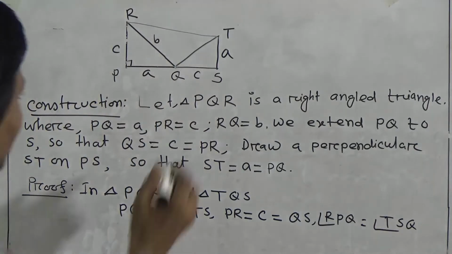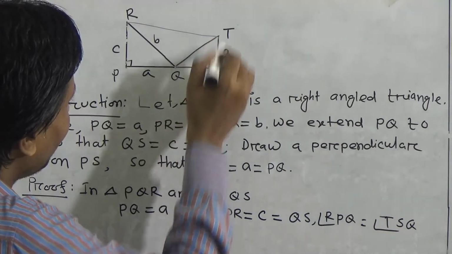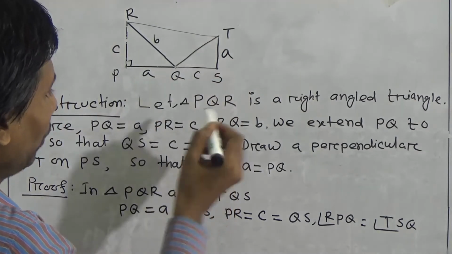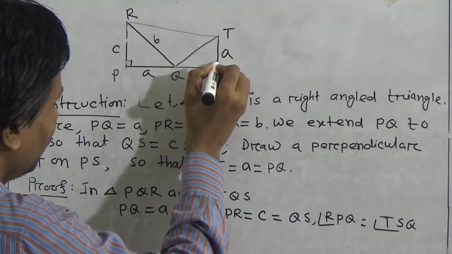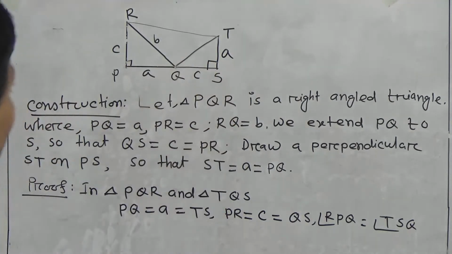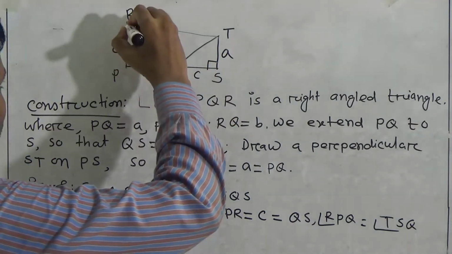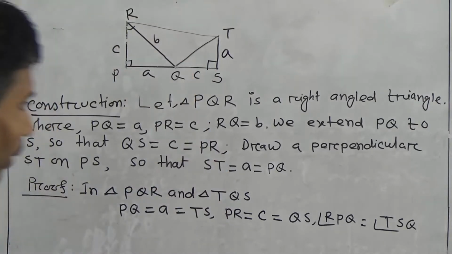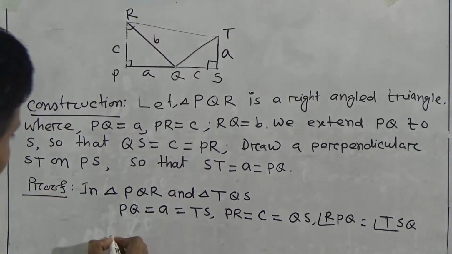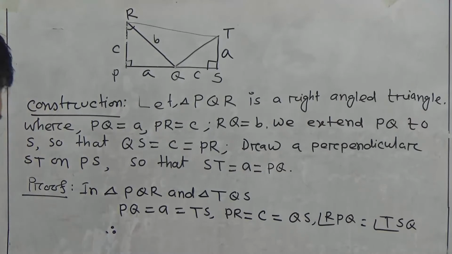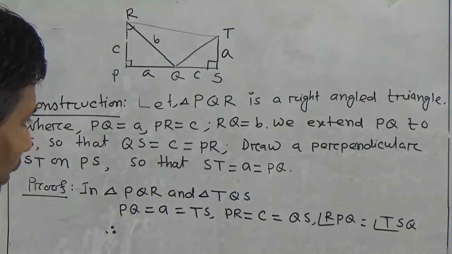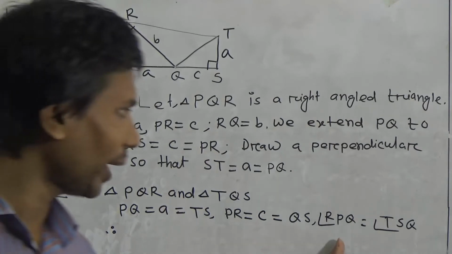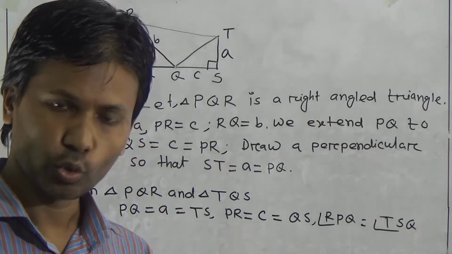Dear student, you look, we have drawn here TS is the perpendicular. So TSQ equal to 90 degree. You have marking like this way. Therefore, we can say, now we are capable to prove that the two sides and one angle are equal.